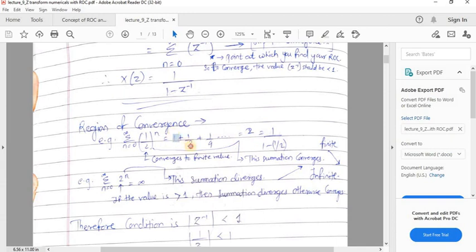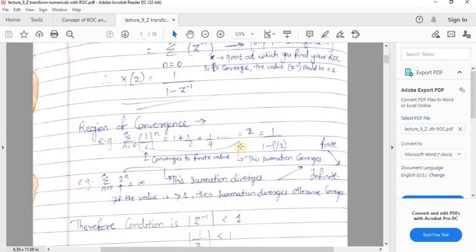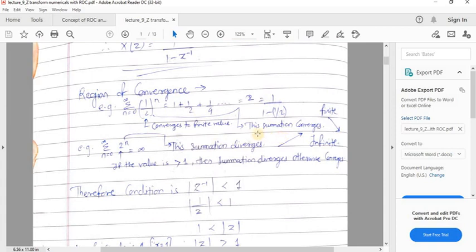This converges to a finite value, which is 2. This 2 is nothing but 1 upon 1 minus half. So this summation converges to a finite value. Now the second one, if this is greater than 1.